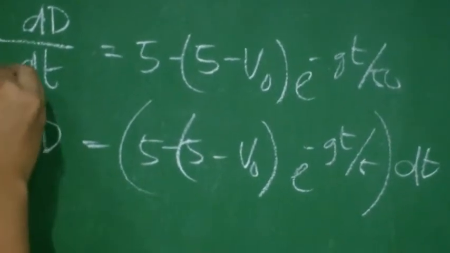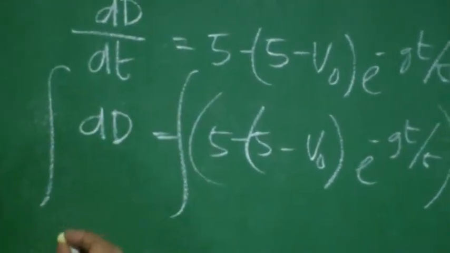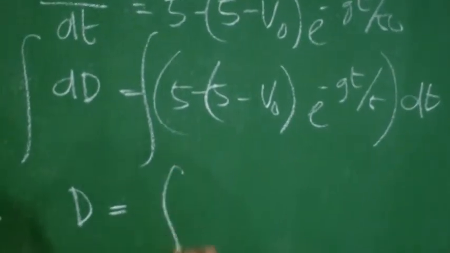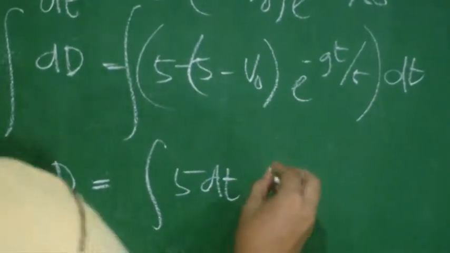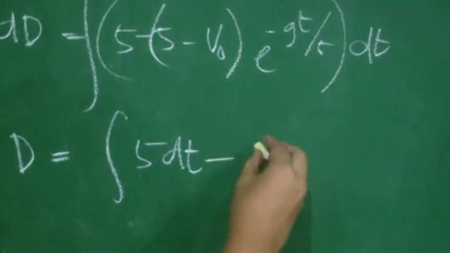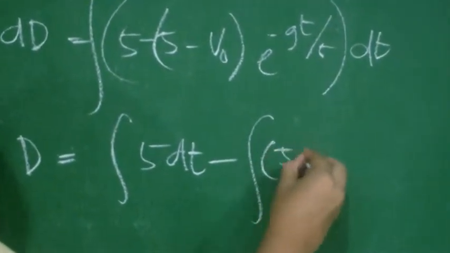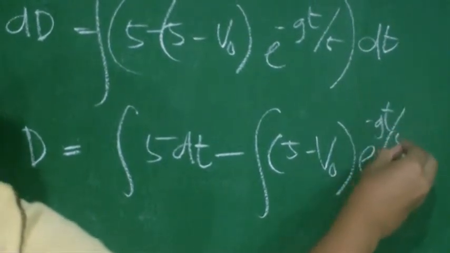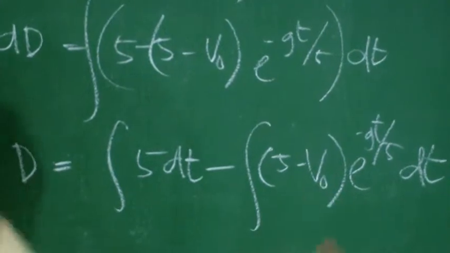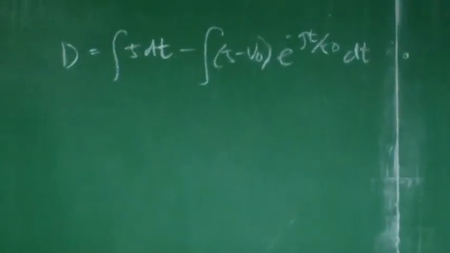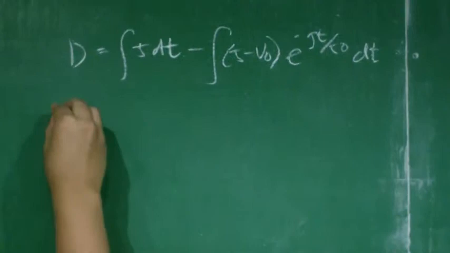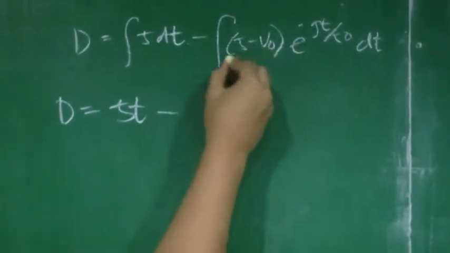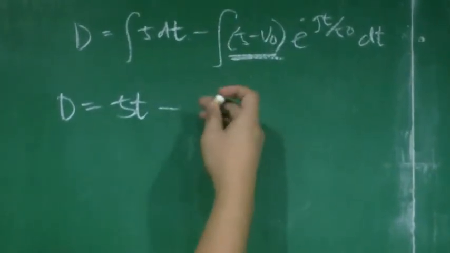Now, we integrate both sides, giving us distance is equal to the integral of 5 dt minus the integral of (5 minus V0) times e raised to negative gt over 50 dt. Now, from this equation, we have d is equal to 5t minus, now this is a constant, so we extract it out of the integral.